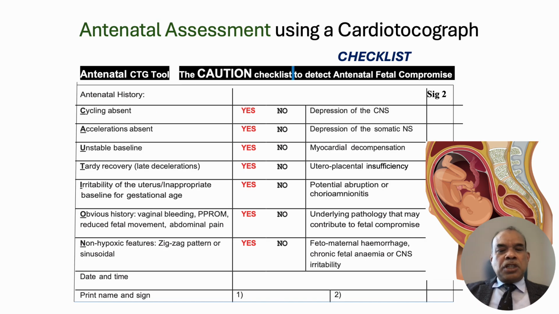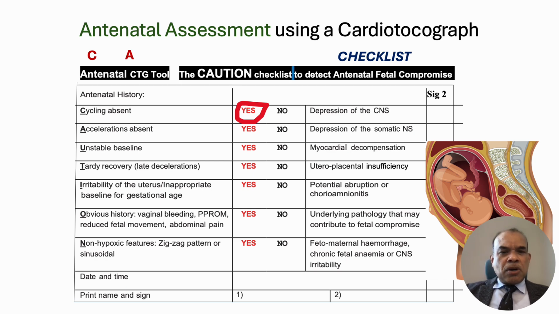So this is the CAUTION checklist. So it has got C, which is cycling, to detect whether the alternative periods of active and quiet sleep cycles characterized by normal and reduced baseline variability is present in the antenatal period, especially after 28 weeks.